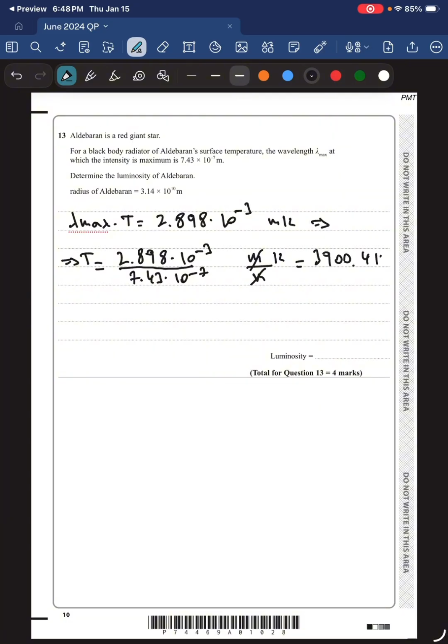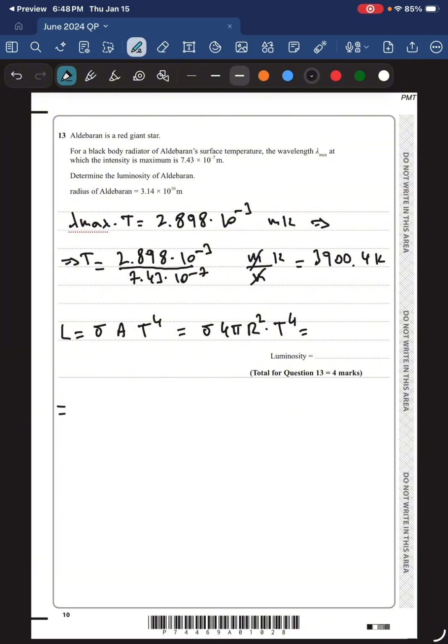3900.4 kelvins. So to find the luminosity, you can use the Stefan-Boltzmann law, which is sigma A T to the fourth, and A is the surface area. And for a sphere, this is sigma 4 pi r squared times T to the fourth.